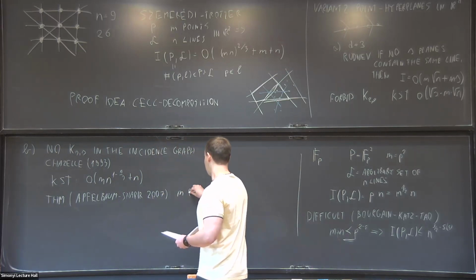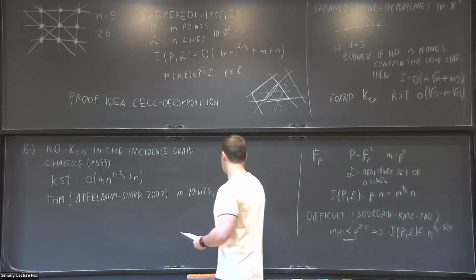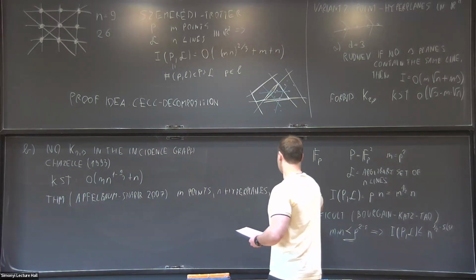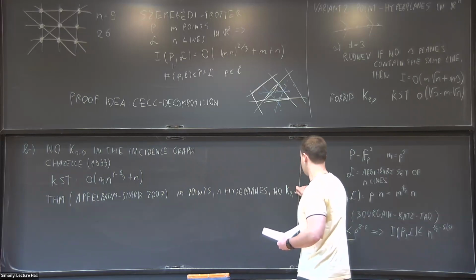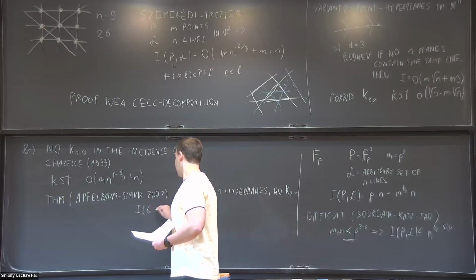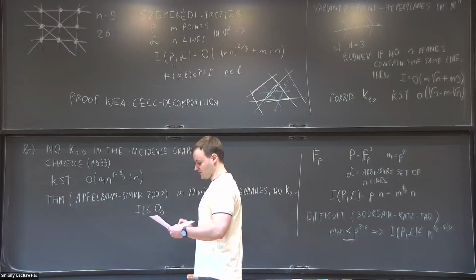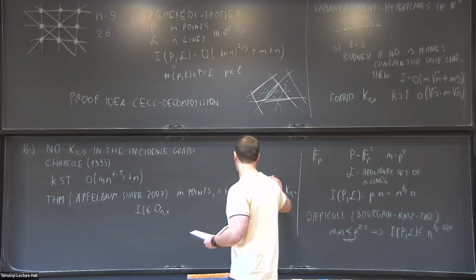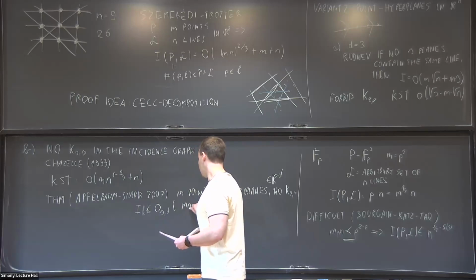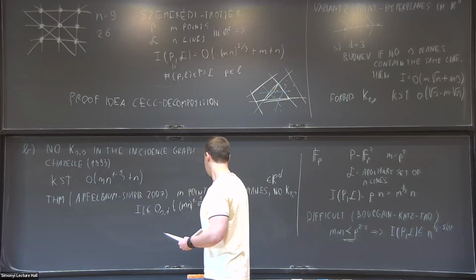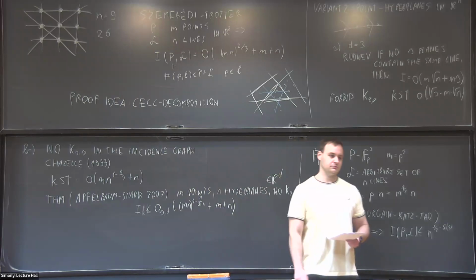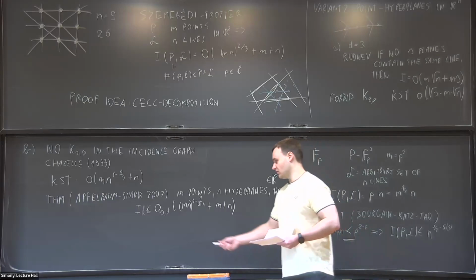If we assume that we have m points and n hyperplanes with no K_{s,s}, then the number of incidences is bounded by a constant, where the constant depends on s and the dimension, since we are working in R^d, times m times n^(1-1/(d+1)) plus m plus n. It's independent of s, only the constant might depend on it.